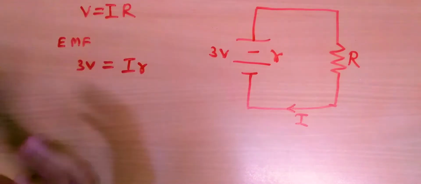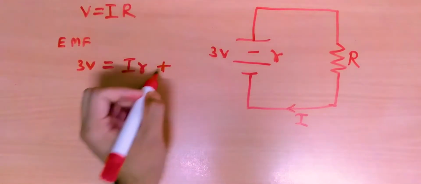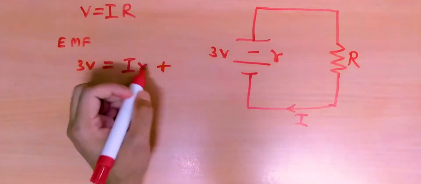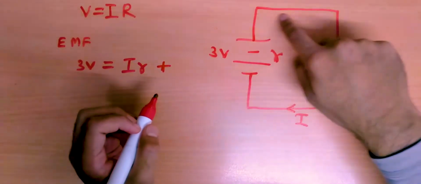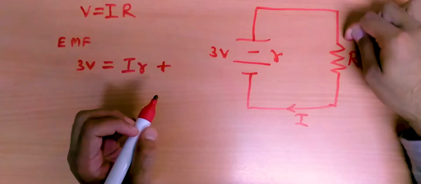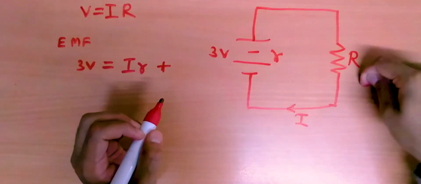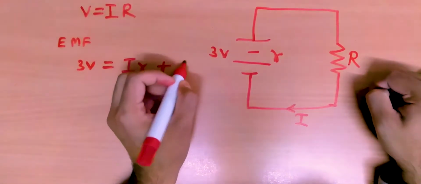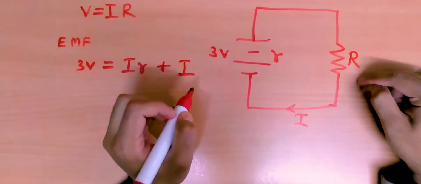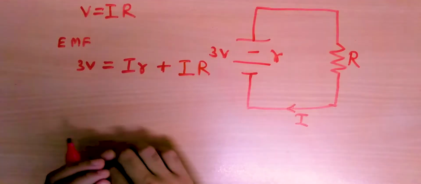The electron not just loses this Ir amount of energy, but it also moves ahead. So this is 0 resistance, assuming it is perfectly conductive, and then it reaches this resistor here, and now it has to lose some more energy, which will obviously be I, the current in the circuit, times R, the resistance of the second resistor.